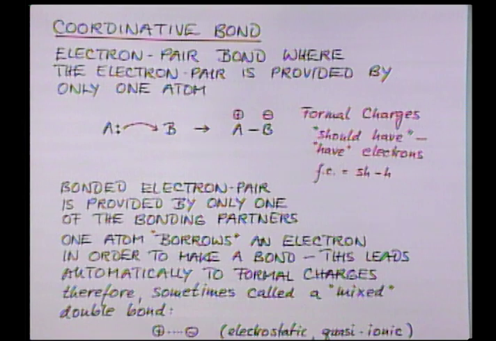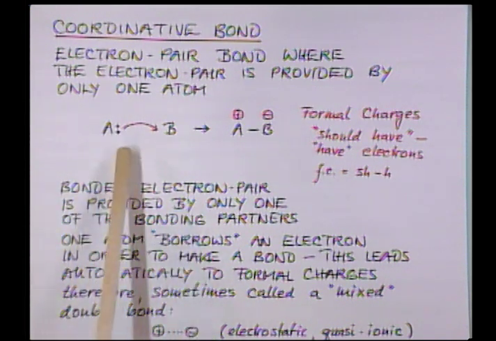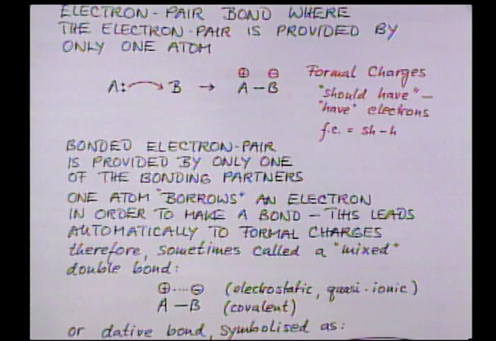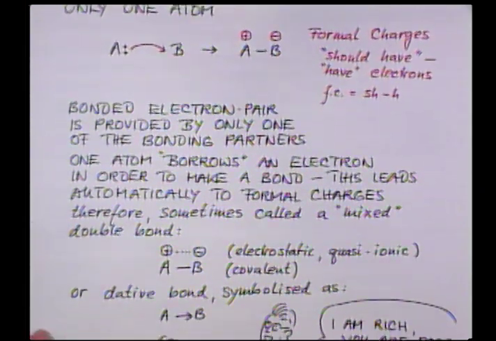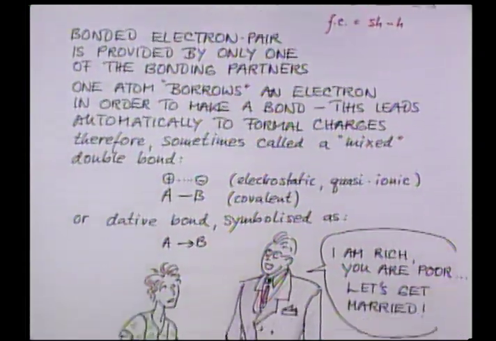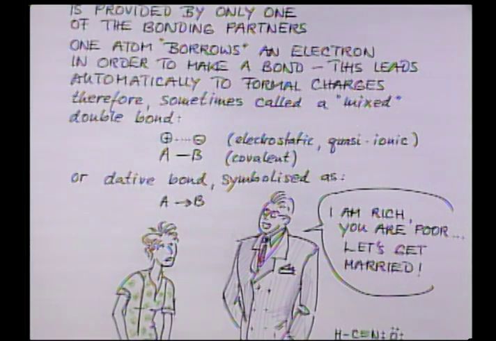Sometimes we can say that a coordinative bond is like a piggy bank type of bonding, like B sees that nice lone pair and just settles on it like a backpack to that A part of the atom. So the bonded electron pair is only provided by one of the bonding partners, and the other atom, in a sense, borrows an electron that it can use again to make a bond. And this always is related to the development of formal charges.